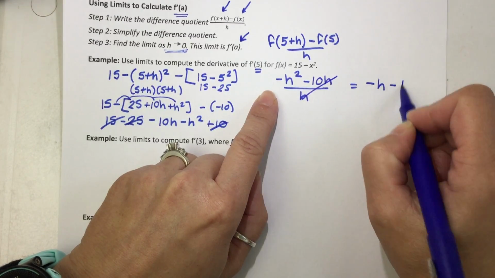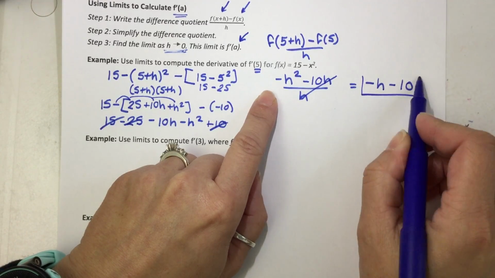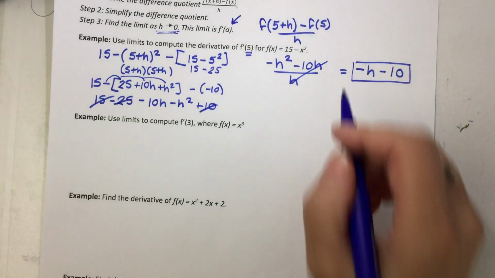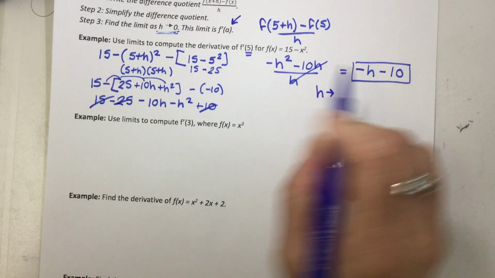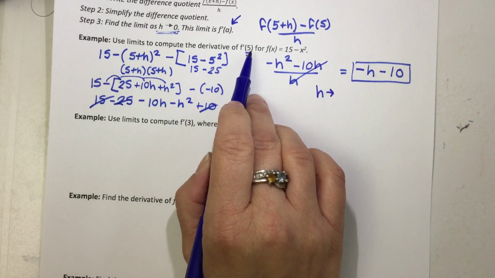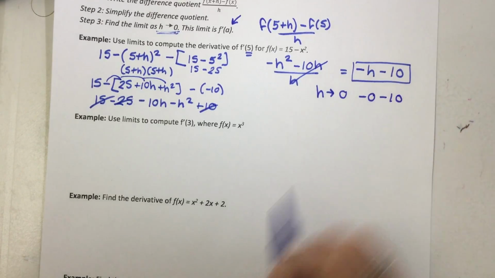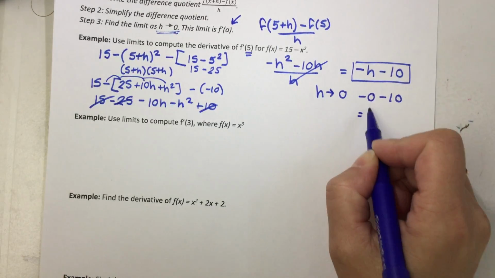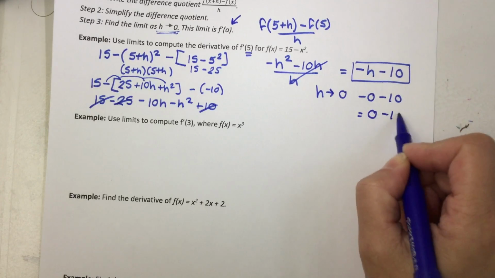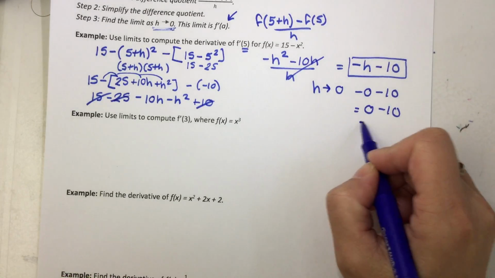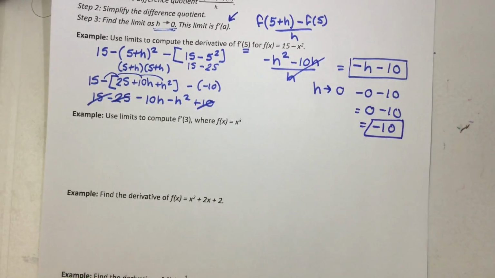Minus 10. So this is the formula. We're saying that the horizontal distance from 5 coming in on the left and the right is 0. So negative 0 minus 10, there's no such thing as a negative 0. So that's the same thing as 0 minus 10 equals negative 10.